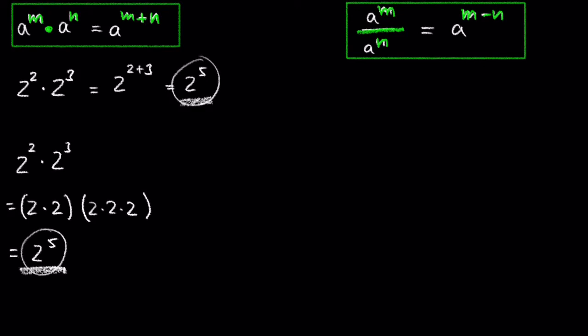Let's do an example where we divide expressions with the same base. 4 to the 5th power divided by 4 to the 3rd power. Our law says to keep the base, which in our example is 4, and subtract the exponent from the bottom from the exponent from the top.